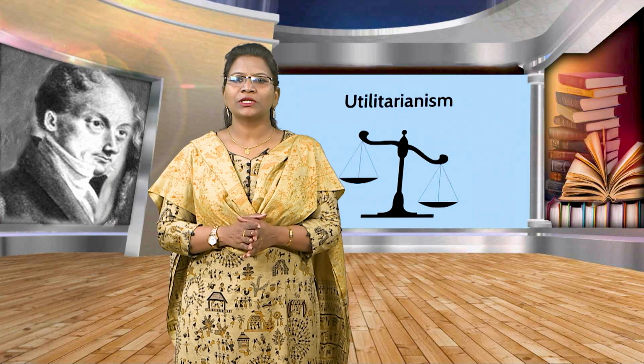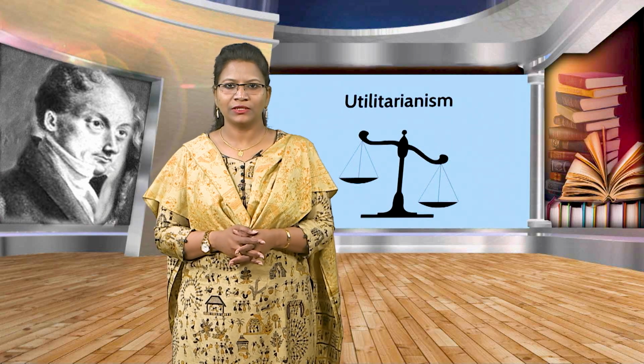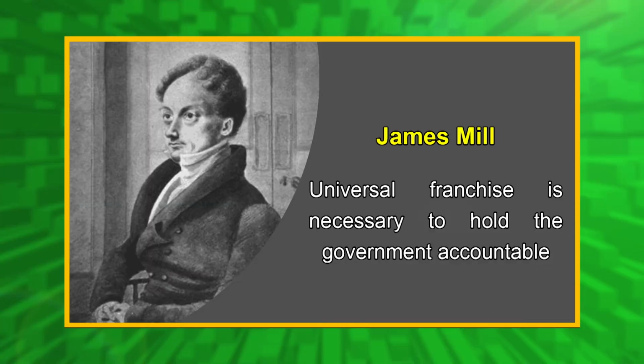In response to the arguments by the supporters of virtual representation, James Mill argued that universal franchise is necessary to hold the government accountable.